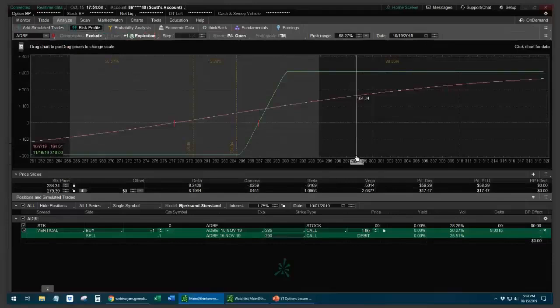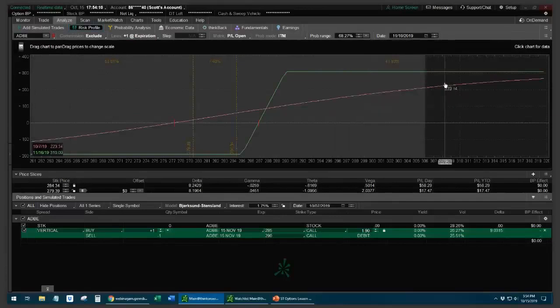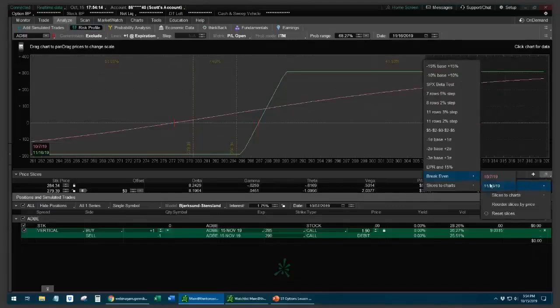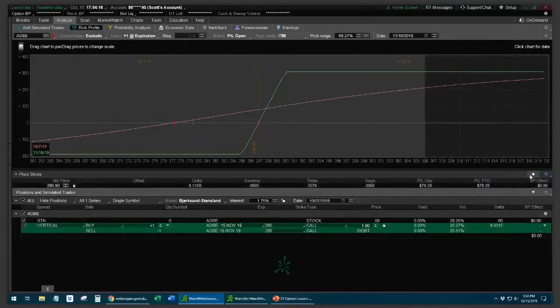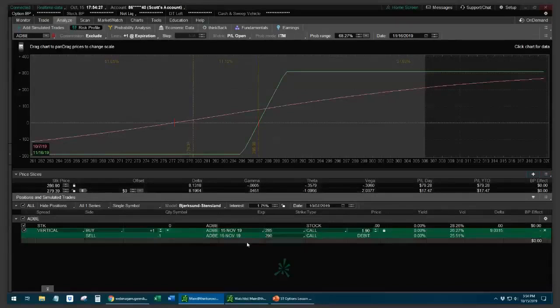I'm going to show you my risk profile. This goes out to November 15, so I've got to set that for expiration. Set my slices. And let's say that today's price is the same as the price that we got in. You know, the stock is still around 279.